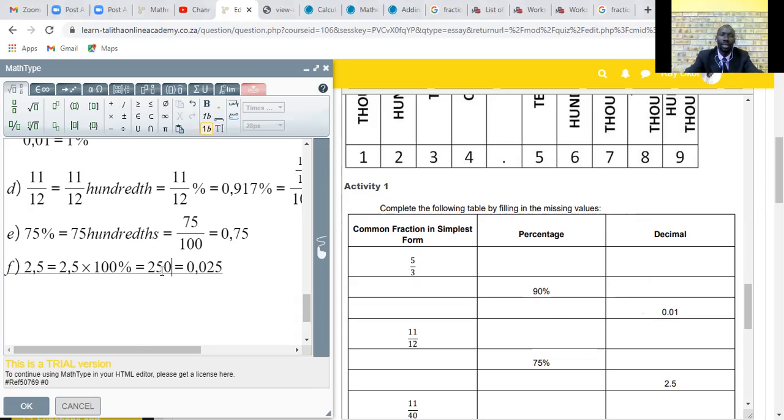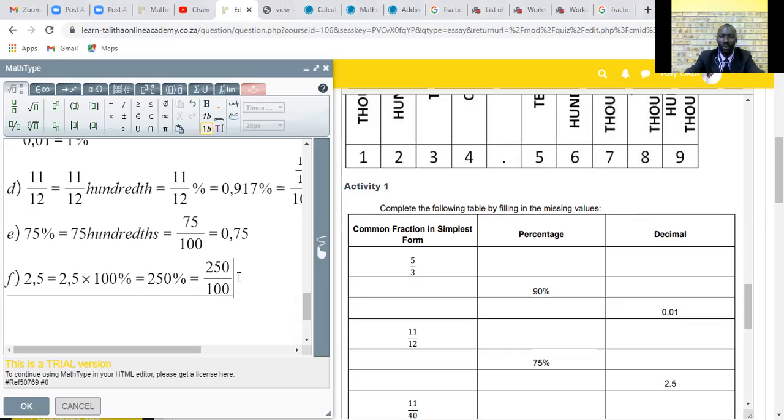Percent. And so in common fraction, it will be 250 divided by 100, which will still simplify to 2.5. Yes, this is what we get.